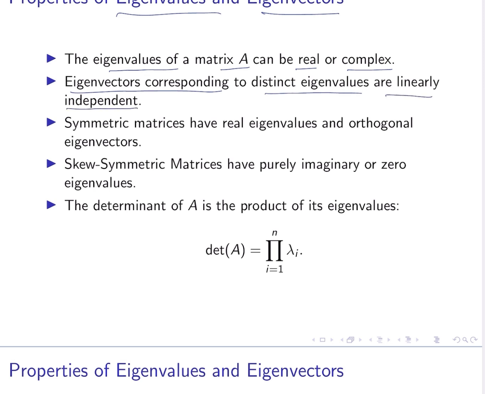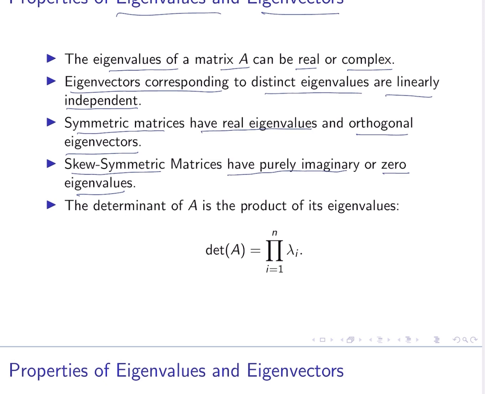For symmetric matrices, we have real eigenvalues and orthogonal eigenvectors. Similarly, skew symmetric matrices have purely imaginary or zero eigenvalues.